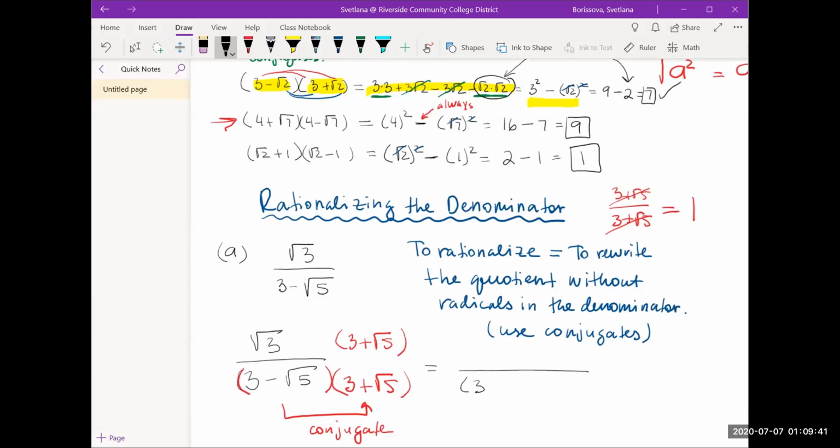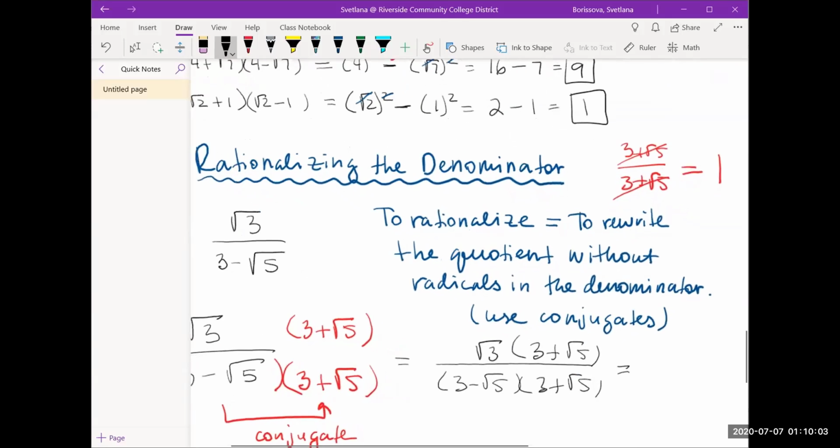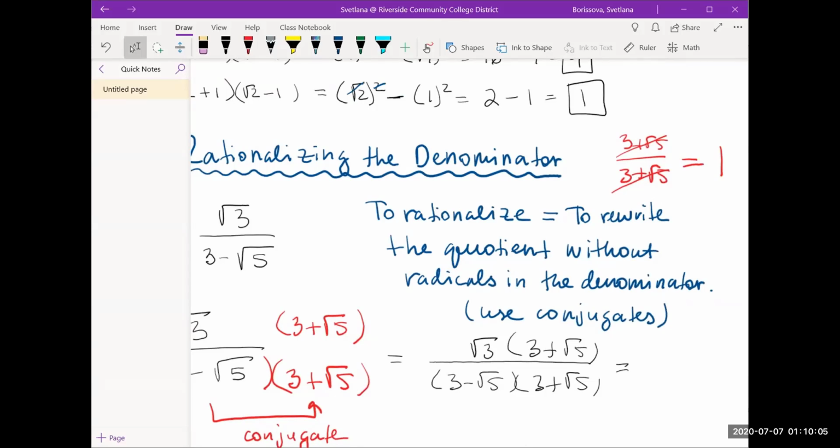So I'll rewrite everything so that it's a bit more clear what we're doing. We're multiplying the original denominator by its conjugate. And in the numerator, we're multiplying square root of 3 by 3 plus square root of 5, the same conjugate. Now we just have to use all the knowledge we've obtained so far today.